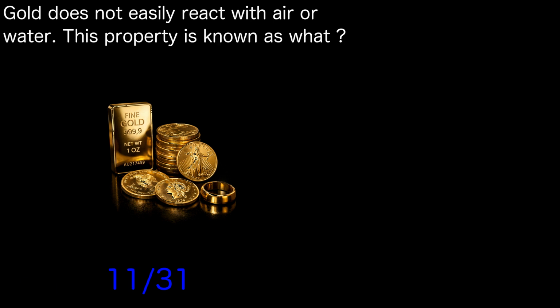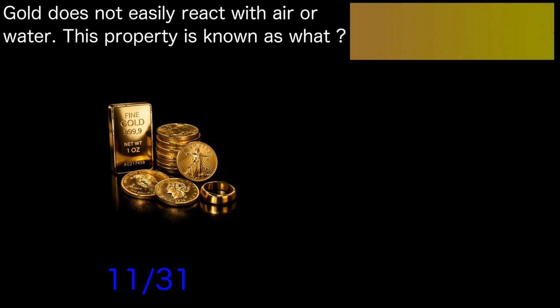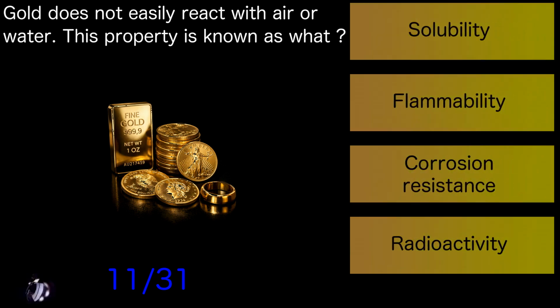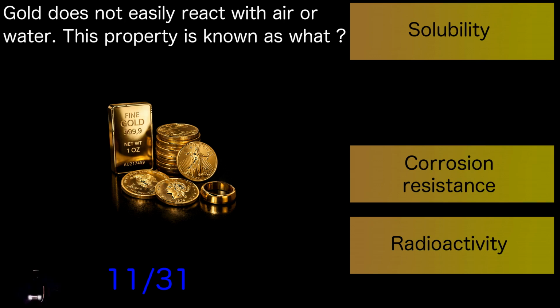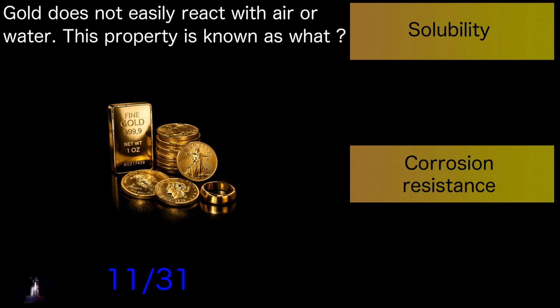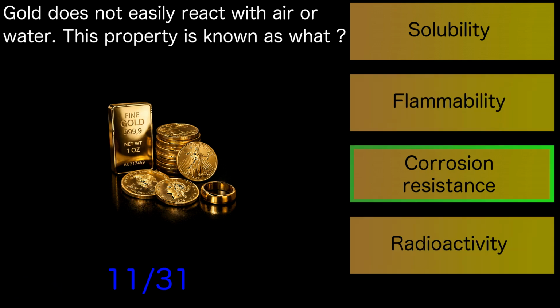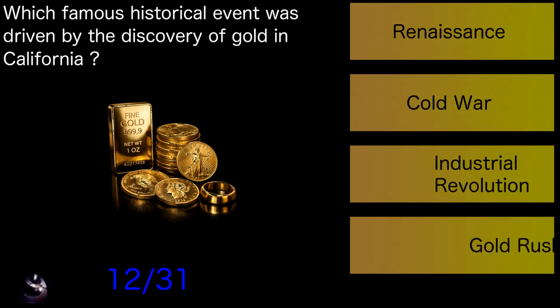Gold does not easily react with air or water. This property is known as what? Corrosion resistance. Which famous historical event was driven by the discovery of gold in California?